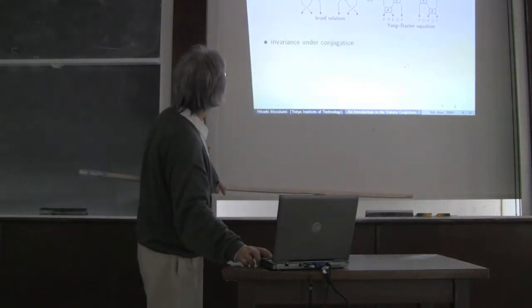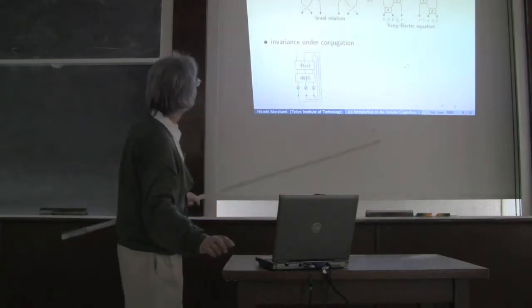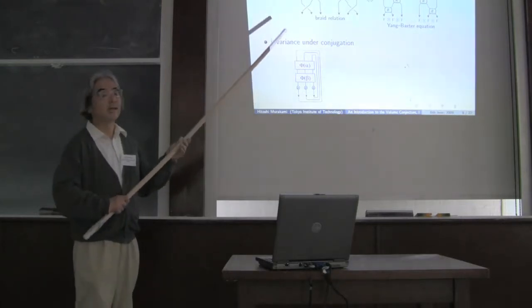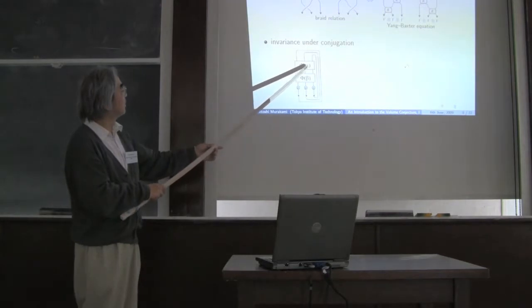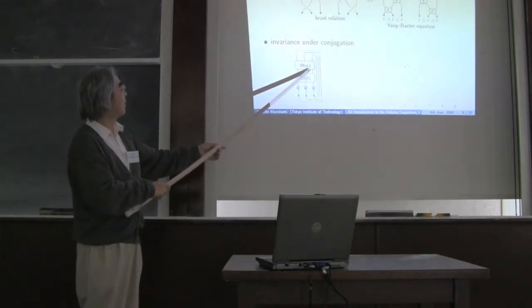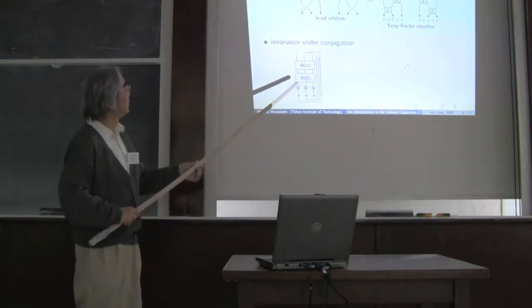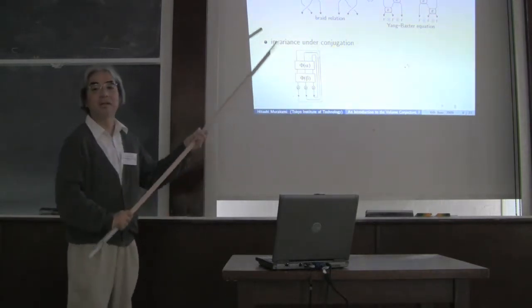Next we show invariance under conjugation. So conjugation is just exchanging alpha and beta. And in the invariant, we first replace alpha with phi of alpha by replacing each crossing with R, and the phi of beta, and we should put mu here.